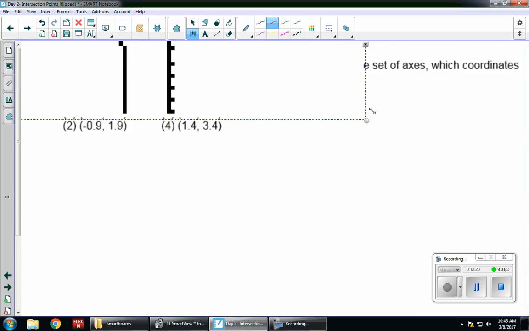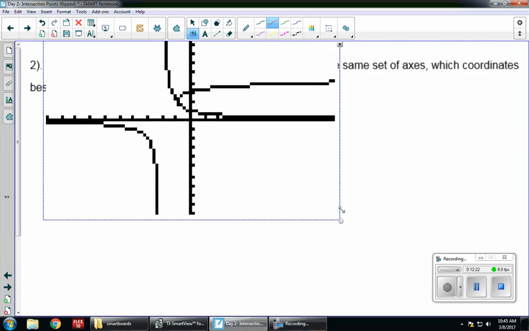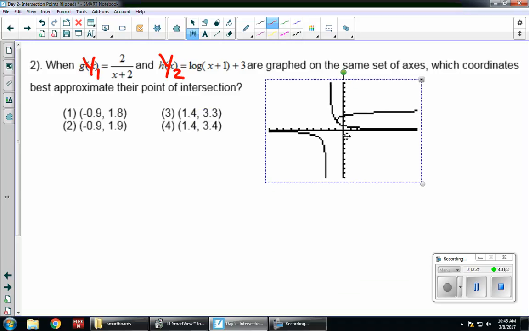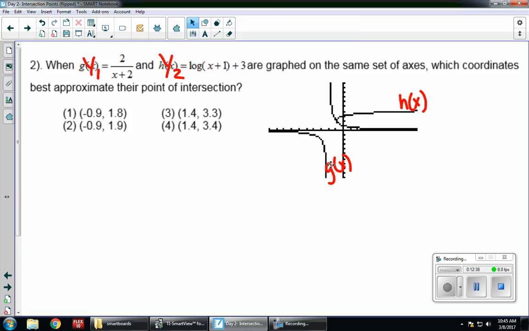Let me just make this a little bit smaller while you guys are sketching your picture. And I'm going to label g of x and h of x. Now, if you notice for this system of equations, there is only one point of intersection right there. That's the point that we are going to be calculating.